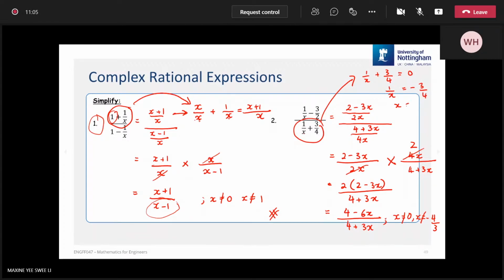X equals to, you do cross multiplication, so x becomes negative 4 over 3 if the denominator is 0. So here x cannot be equal to negative 4 over 3. So that's how we get this. Please remember you must always write out the excluded values.